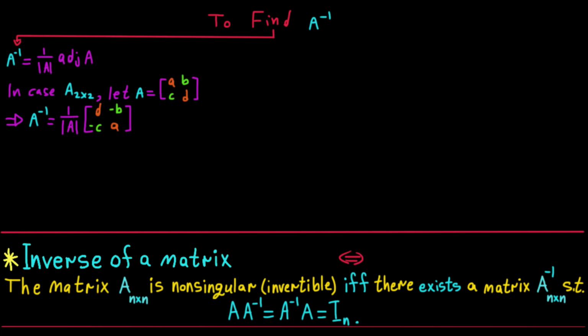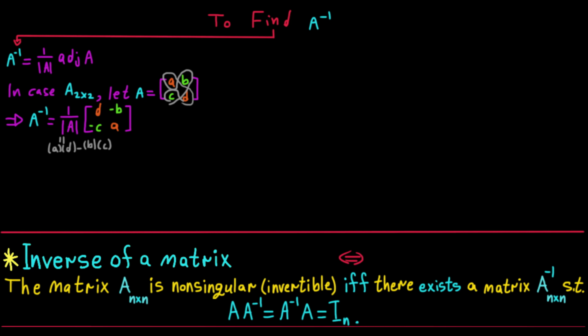You just multiply these two minus these two. So the determinant of A equals a multiplied by d minus b multiplied by c. This is the determinant of A for a 2 by 2 matrix.